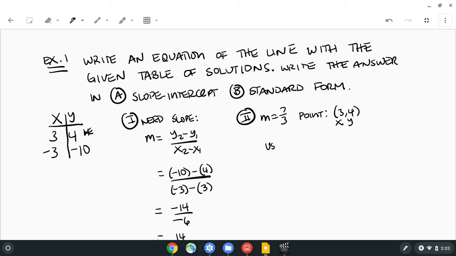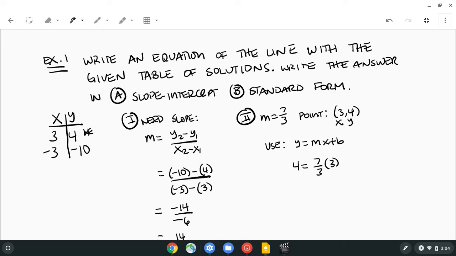So now we get to use y equals mx plus b. We're going to plug in for the y, the m, and the x. And those values are right here. Y is 4, m is 7/3, x is 3. That's convenient.